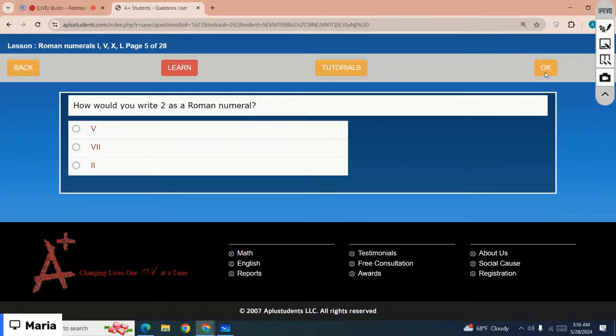How would you write 2 as a Roman numeral? So which is the correct option?